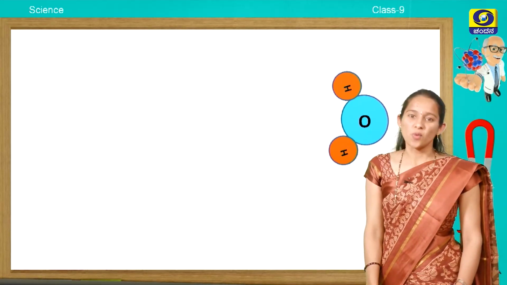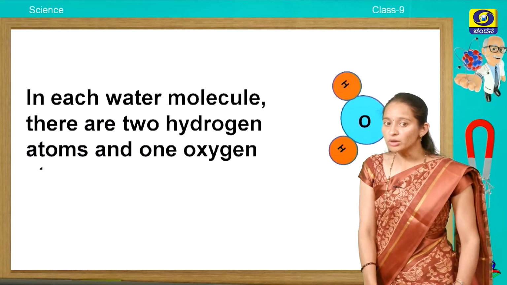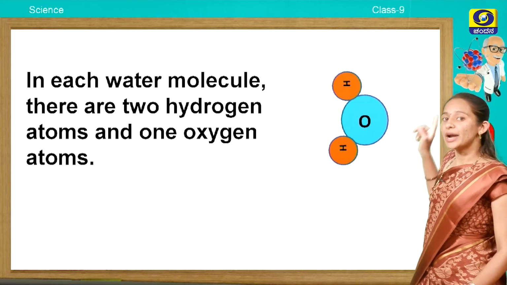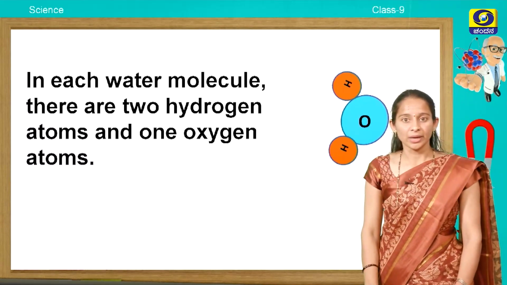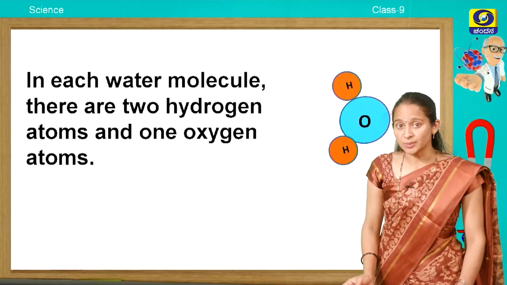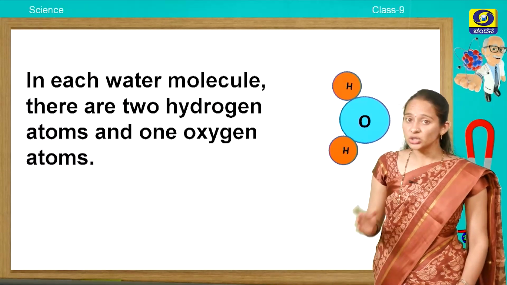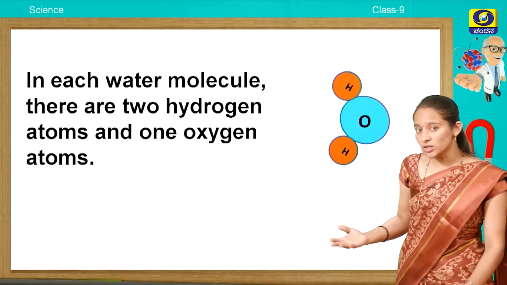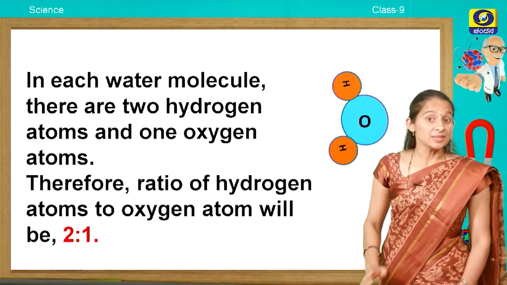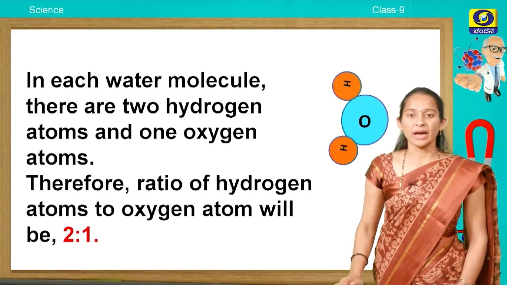H2O is water. In the molecule of water, there are 2 hydrogen atoms and 1 oxygen atom, right? So in terms of the number of atoms, the ratio of hydrogen atoms to oxygen atoms will be 2:1.